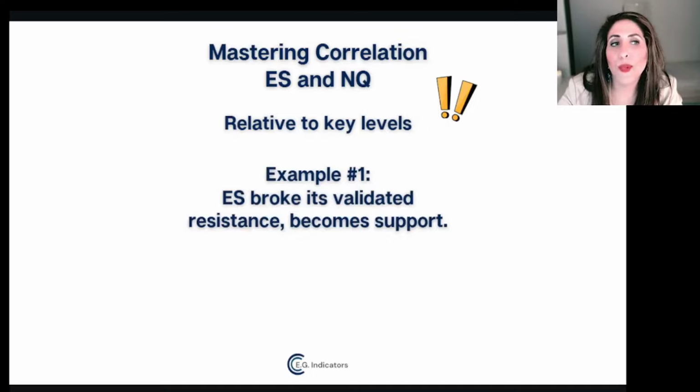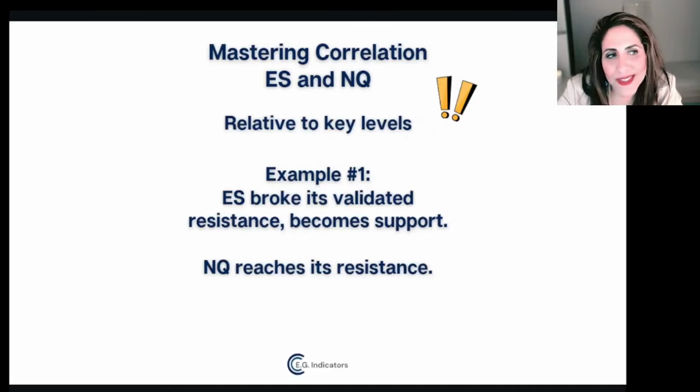Let's say ES broke its resistance, became support. Now NQ reaches its resistance at the same time that ES respects its support, or maybe a few seconds or minutes later. ES and NQ disagree in this example because when the market reaches the support level, we expect it to go to the upside and resistance to the downside.